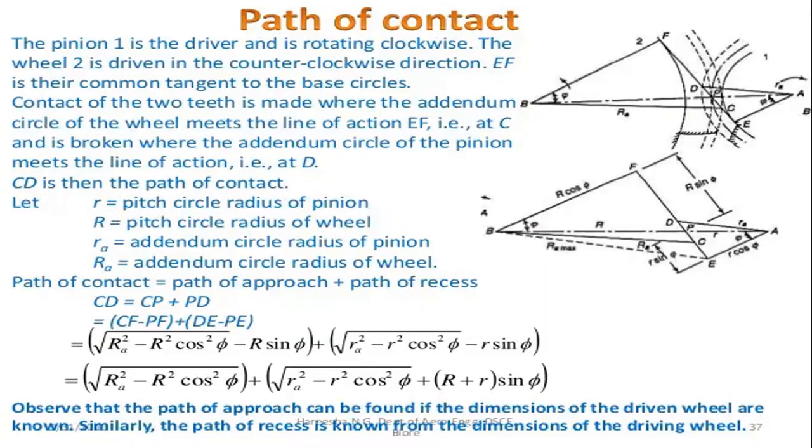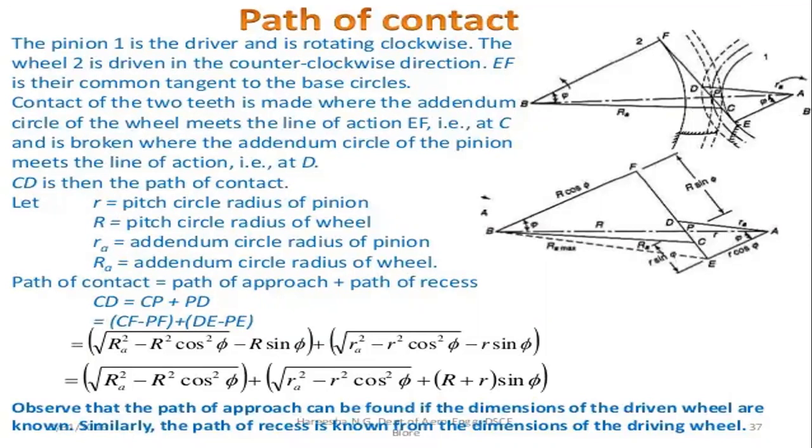Then CD is the path of contact. So we determine that the line CD is the path of contact between the two gears, that is, the driver gear and the driven gear.